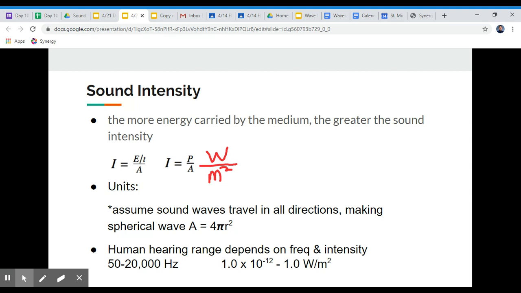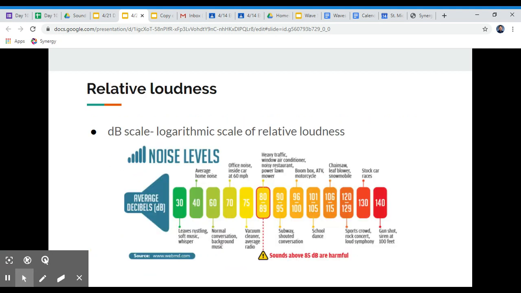Now, the range that you are probably more used to when we're talking about intensity is not necessarily this unit of watts per meter squared, but you are probably more familiar with something called the decibel scale. The decibel scale is something we use just because it has nicer numbers rather than using all these scientific notations of times 10 to the negative 12th or whatever that might be.